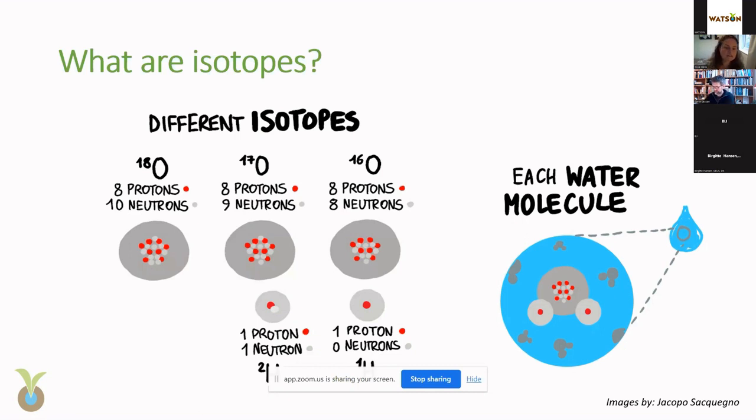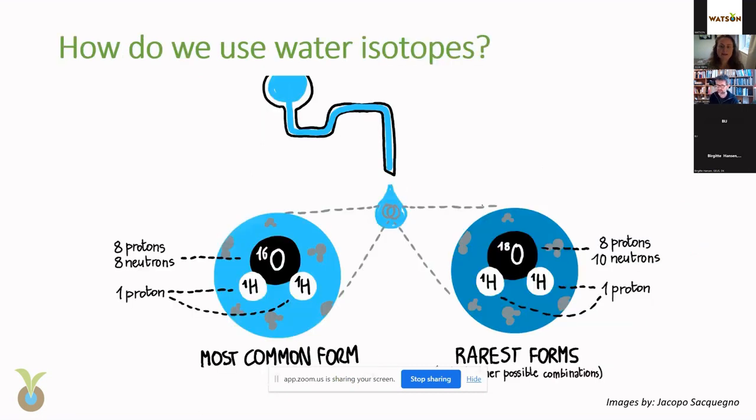And for hydrogen, this is H1 and H2. If I've lost you here, all you need to remember is that isotopes of water have different weights. Because some elements have more neutrons, that means this isotope is heavier, basically. And the most common forms are the lighter isotopes. They are indicated here in the light blue in the schematic, and the heavier isotope is indicated in darker blue.